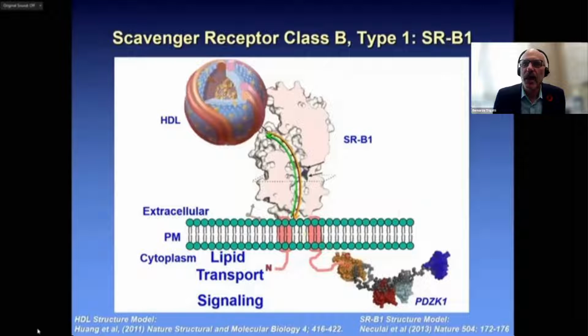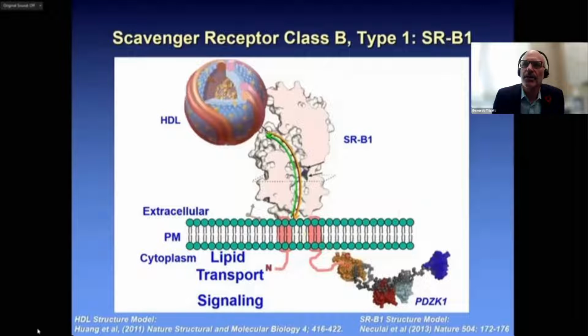Now, this is a diagram of SRB1, the receptor for HDL that mediates the selective uptake. Selective uptake means that it's the lipid portion of the HDL particle that's taken up through SRB1 into the cell, and the lipoprotein particle itself is not internalized and degraded.